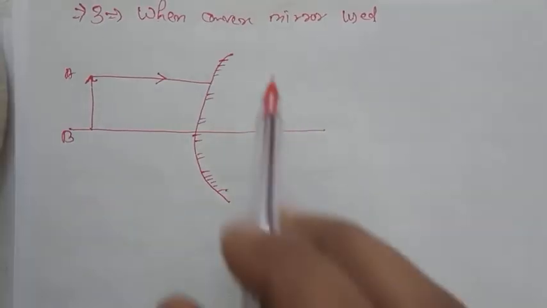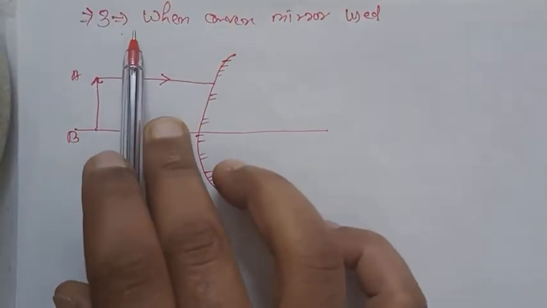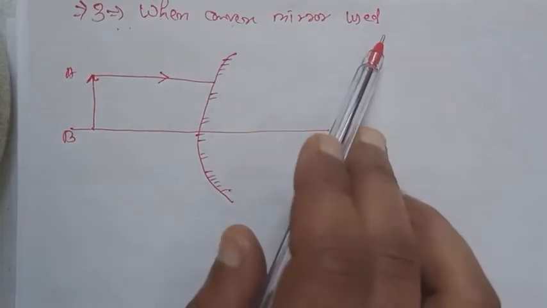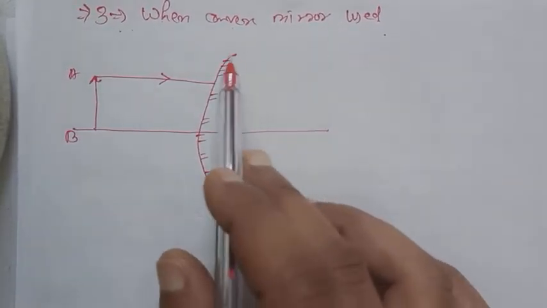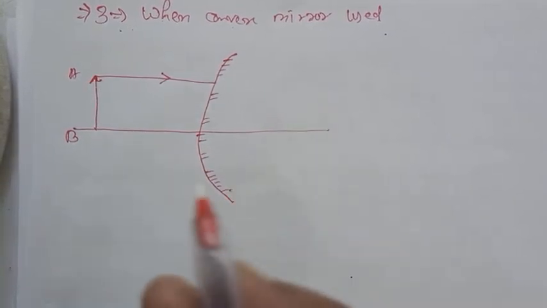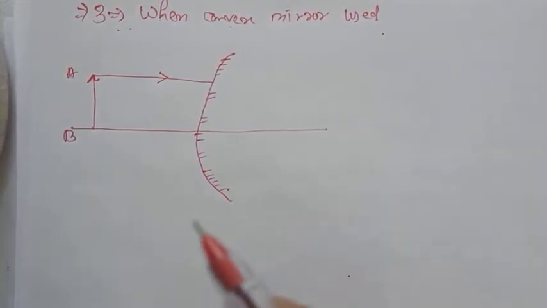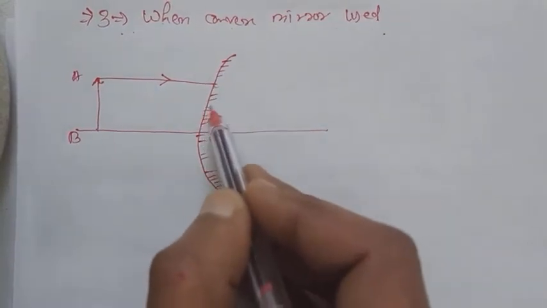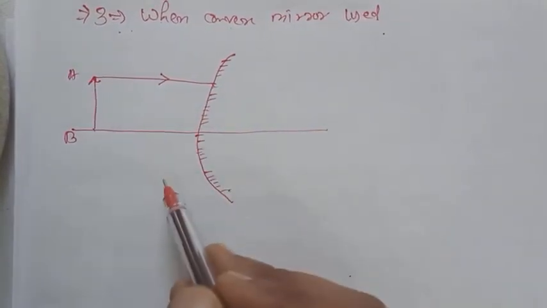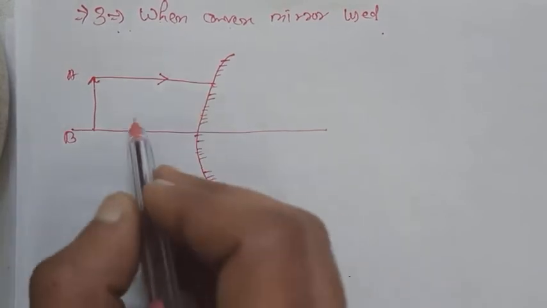Now the third topic is the condition when a convex mirror is used. Because convex mirrors always form a virtual image, we draw a diagram to find out the mirror formula. This is a convex mirror, polished side is inside and reflecting side is outside.